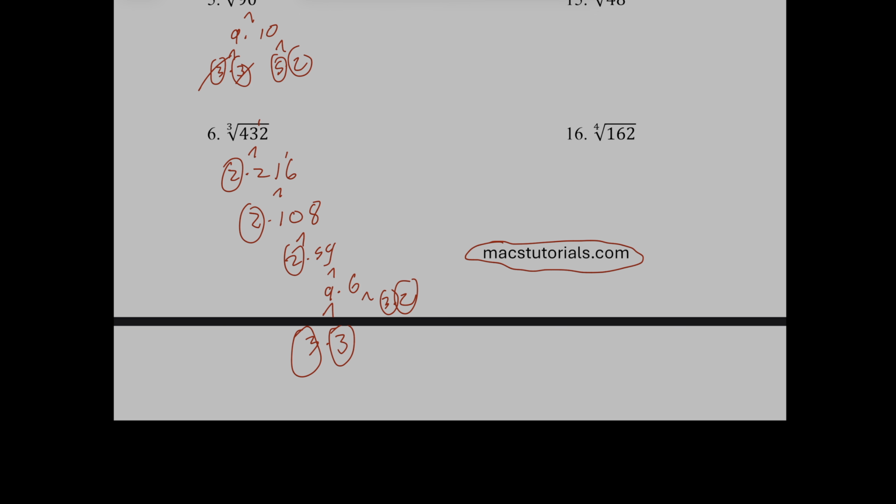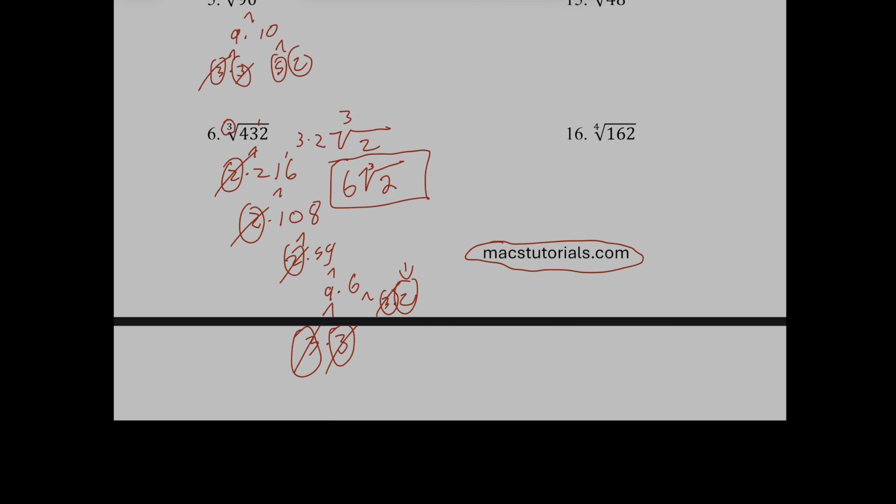All right, so now I'm looking for 3 of a kind here. It's a cubed root, so I need 3 of a kind. 1, 2, 3. I can pull out a 2. 1, 2, 3. I can pull out a 3. We pull out more than one, we multiply, and this 2 is left over. So this is going to be 6 cubed root of 2.